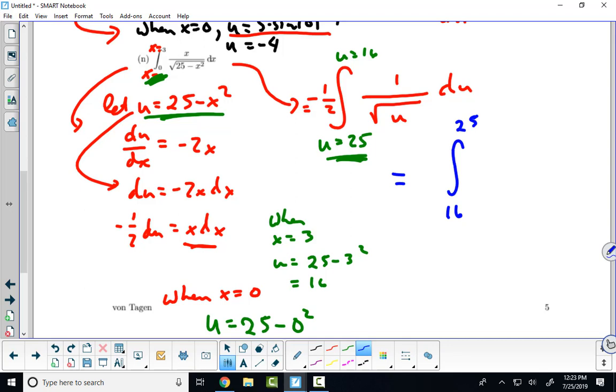See what I did there? I adjusted the limits of integration if you change the sign on the integral. Specifically, what's not there any longer? The negative sign. So you can flip the limits of integration if you change the sign on the integral. We'll talk about why that is later. Of 1 over the square root of u du.